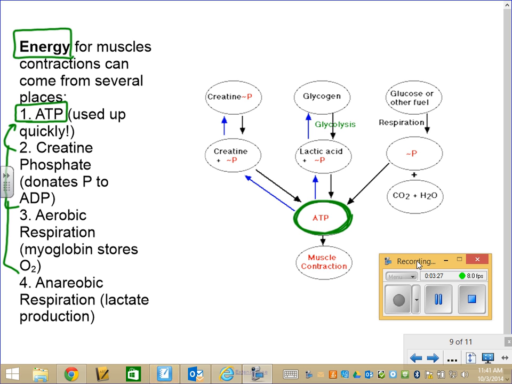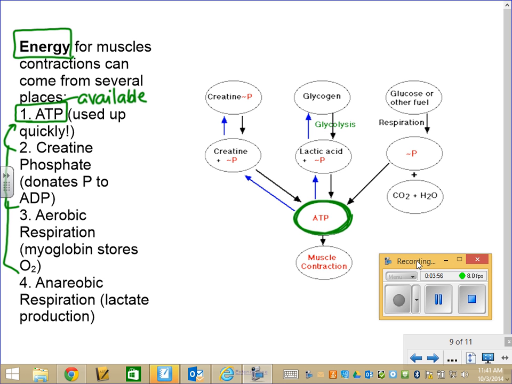So when I'm saying energy can come from several places, the first one, ATP, would be the available ATP, what has already been made and is just waiting to be used up. There will not be a lot of this because your body is constantly using up energy for other things. So available ATP is used up very quickly.